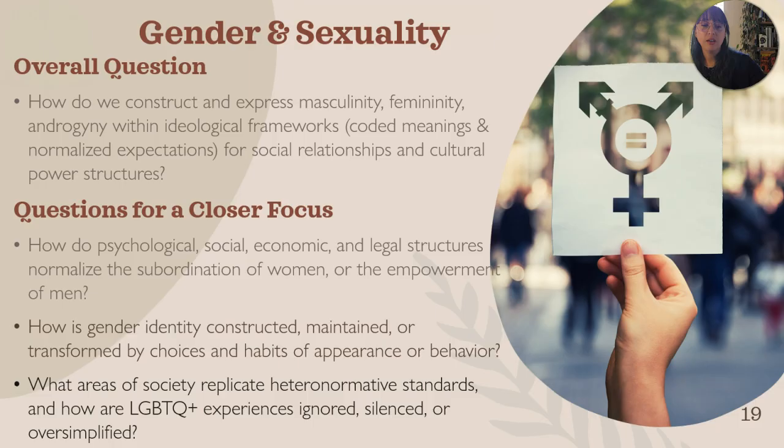We might ask, what areas of society replicate heteronormative standards, and how might some members of our LGBTQIA+ population, how might some of their experiences be ignored, silenced, oversimplified and stereotyped, etc.